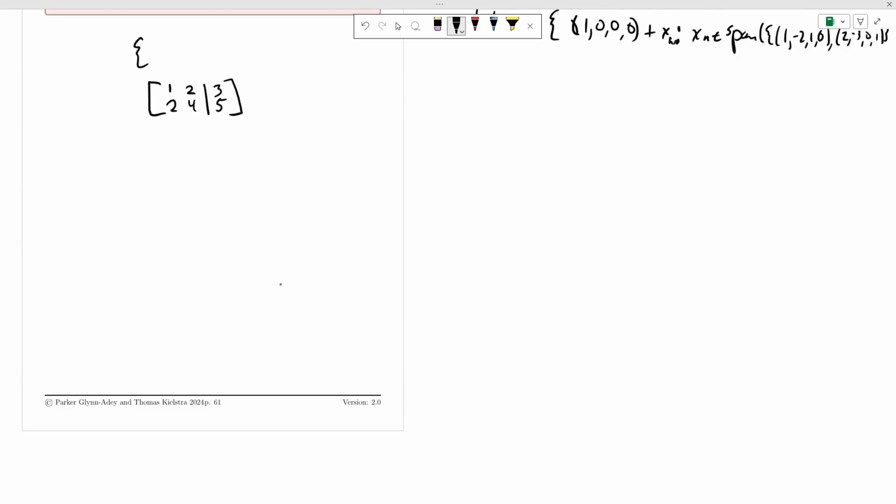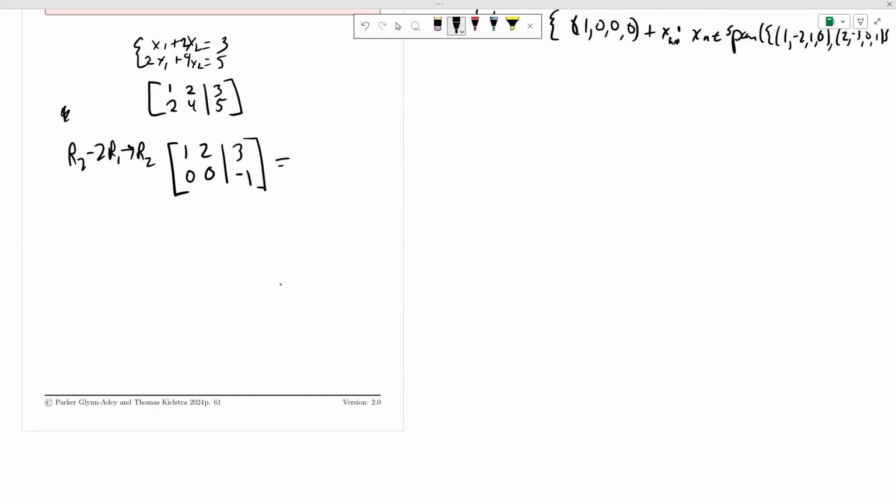And this comes from x1 plus 2x2 equals 3, 2x1 plus 4x2 equals 5. Here, we're going to take row 2, subtract 2 row 1, replacing row 2. This gives us 1, 2, 3, 0, 0, minus 1.